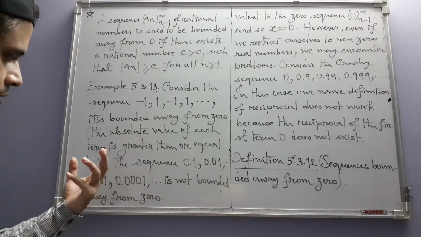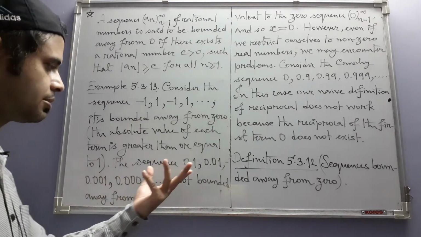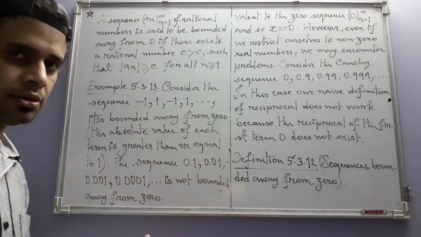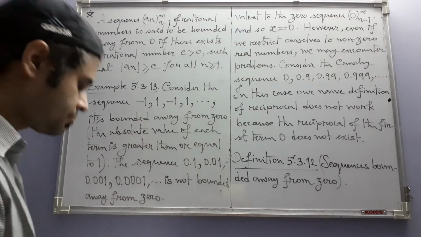In fact, the reason it is not bounded away from 0 is that this sequence is equivalent to the 0 sequence. So that is why it is not bounded away from 0.